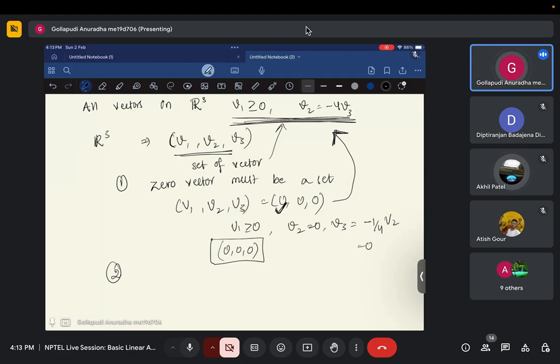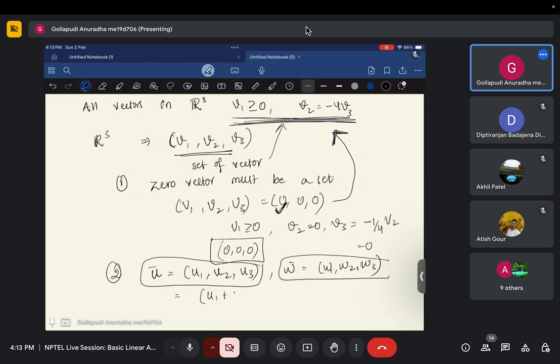Now we'll see whether the addition is allowed, is it okay or not. Like for example, if I take 2 vectors, sorry. So suppose I'm taking these 2 vectors in this space, which will satisfy these conditions.